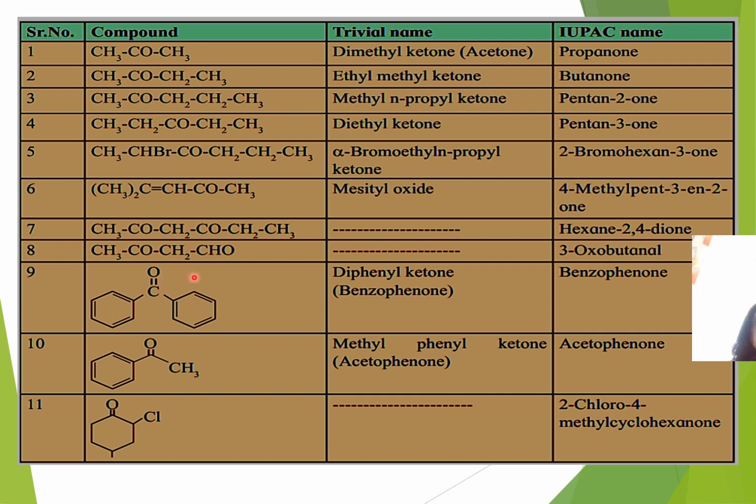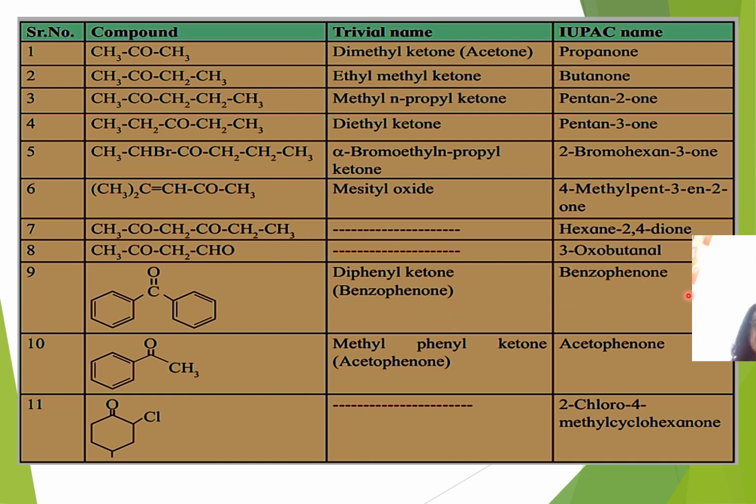Then CH3COCH2CHO. You have an aldehyde group and a ketonic group, so the aldehyde becomes the higher priority group and CO becomes the lower priority group. So it is 3-oxobutanal. Okay. Then benzene rings with a CO group: diphenyl ketone, or benzophenone.